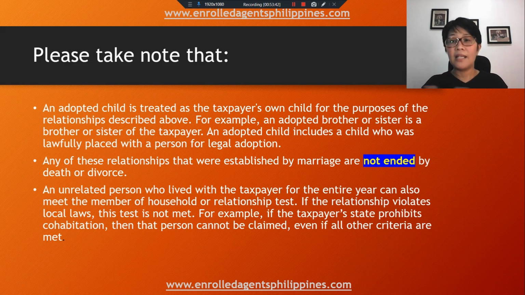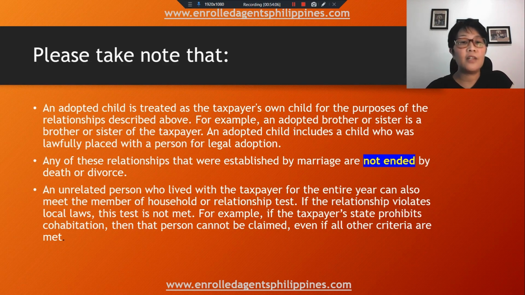So, kumbaga, it doesn't end there. Kahit na namatay na yung asawa mo, since kiniklaim mo yung parents or yung mga in-laws ninyo as dependent, hindi nagtatapos yun sa death or divorce. So, pwede mo pa rin i-continue yung pagkiklaim, again, for as long as nasa-satisfy yung conditions or yung test ng qualifying relative.